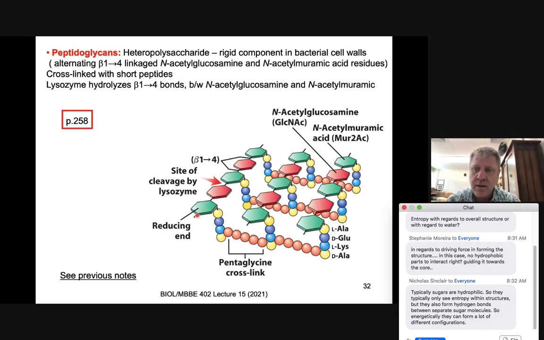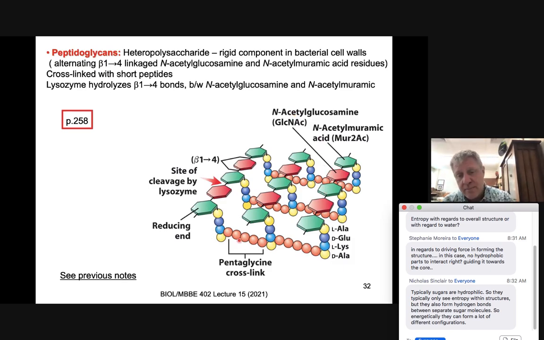But there are also other components, as you've seen with the N-acetylglucosamine and the N-acetylmuramic acid, that are also susceptible. These also play a role, which we'll see a little later on when we look at viruses.